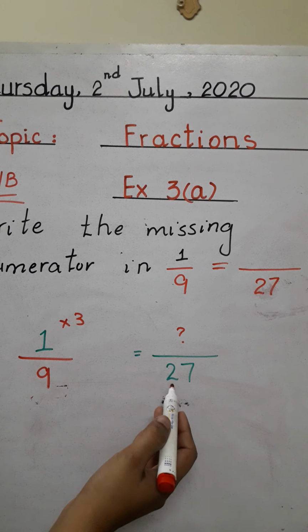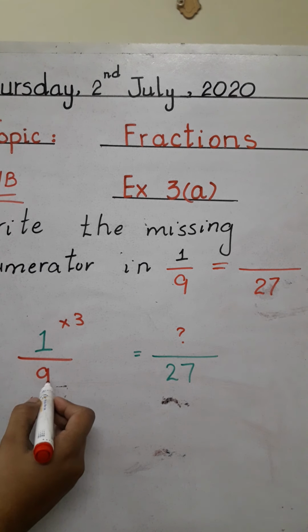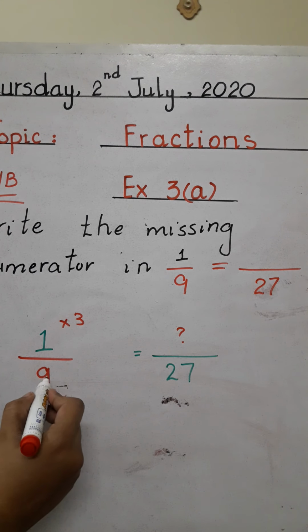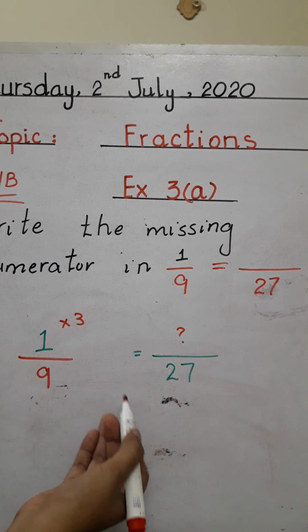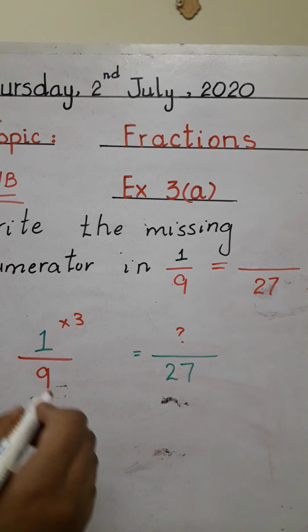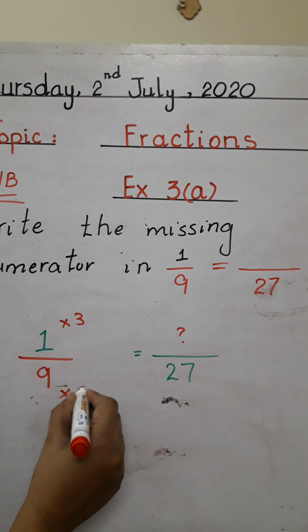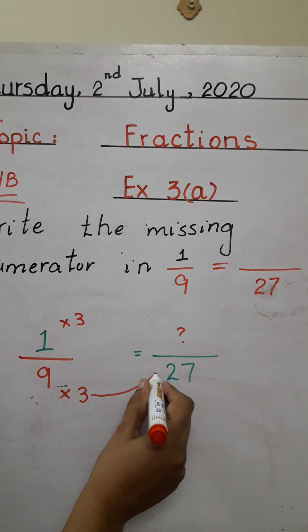Because they give us the answer 27, now we will multiply 9 so that we get the answer 27. So read the table of 9. 1 time 9 is 9, 2 times 9 is 18, and 3 times 9 is 27. So 3 times 9 is 27.